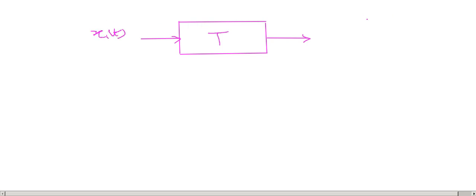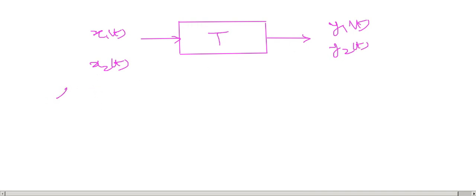Now, the principle of superposition demands that, suppose this is a system T, and upon giving an input x1(t) it produces y1(t), and upon giving input x2(t) it produces y2(t).